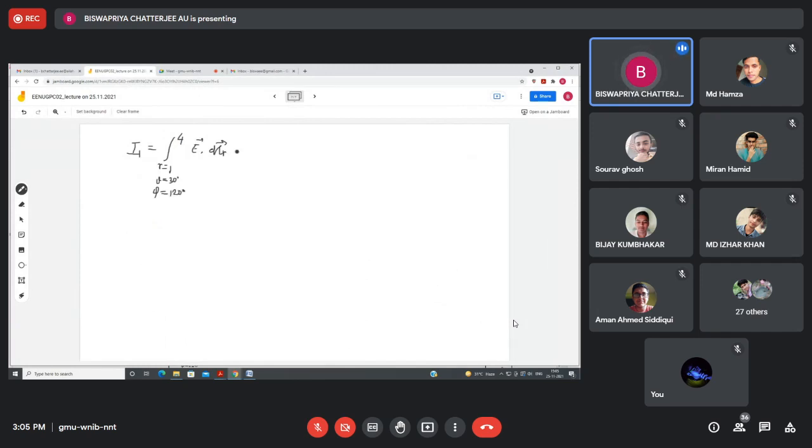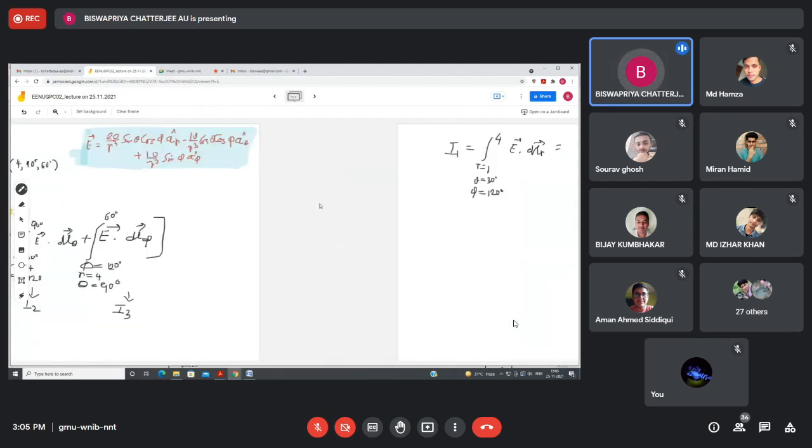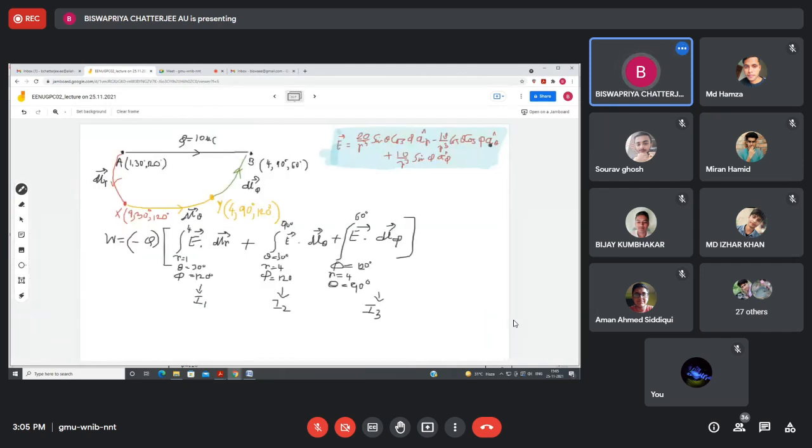Since only the dlr, the a r component, exists, the theta component and the phi component will vanish.